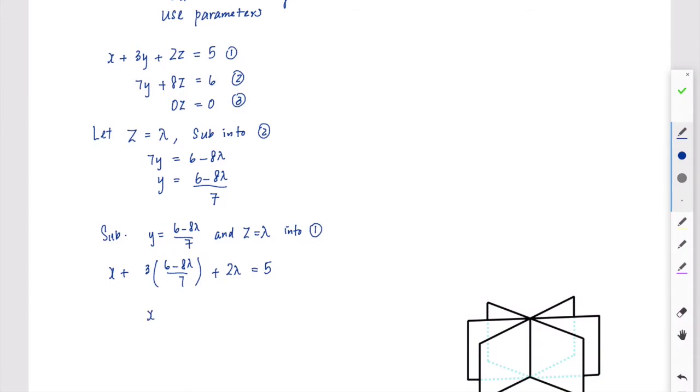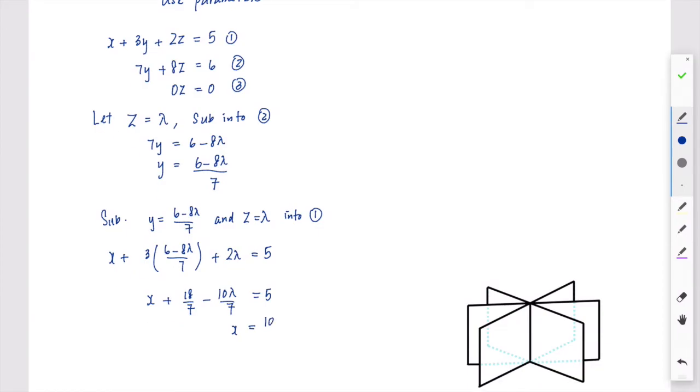I have x plus 18 over 7 minus 24 lambda over 7 plus 14 lambda over 7 equals 5. That is minus 10 lambda over 7. 5 times 7 is 35, and 35 minus 18 is 17. So I have x equals 10 lambda over 7 plus 17 over 7.